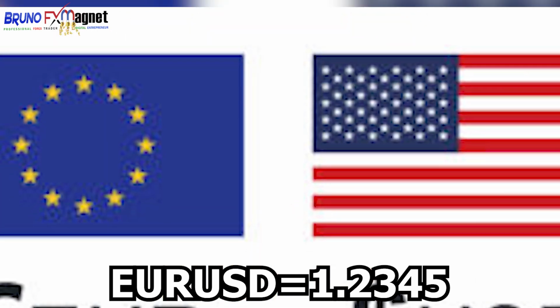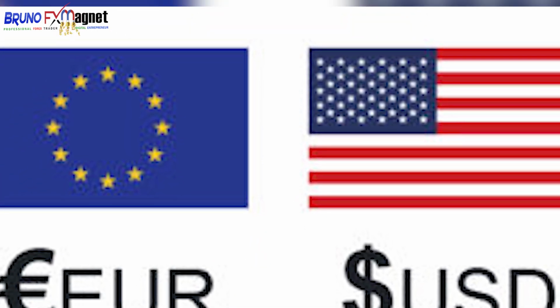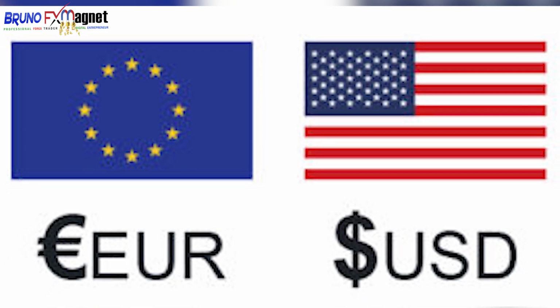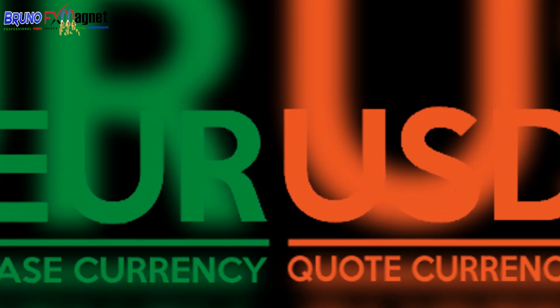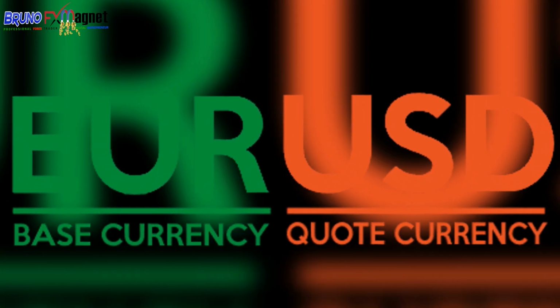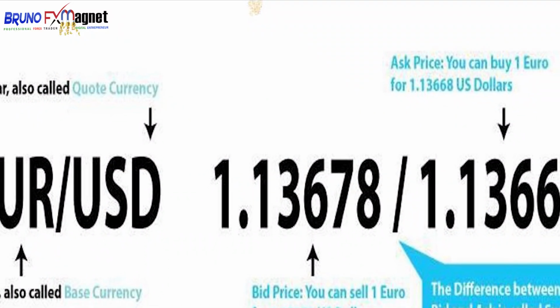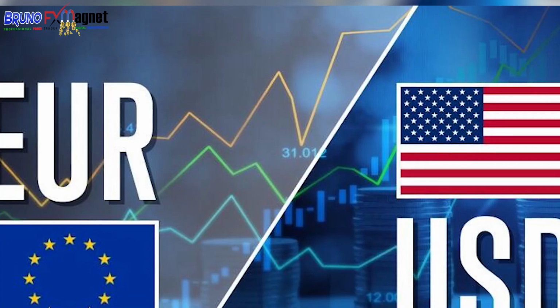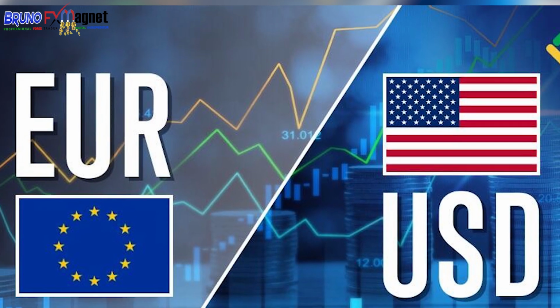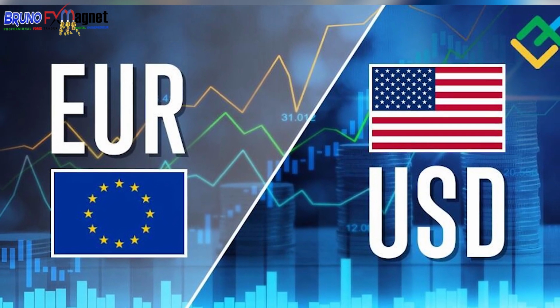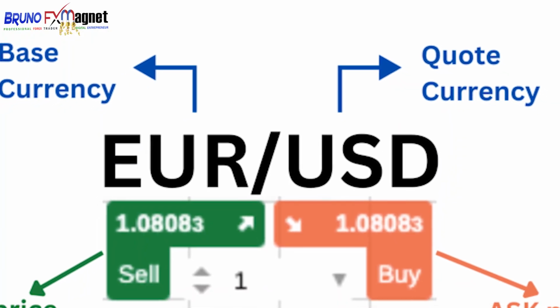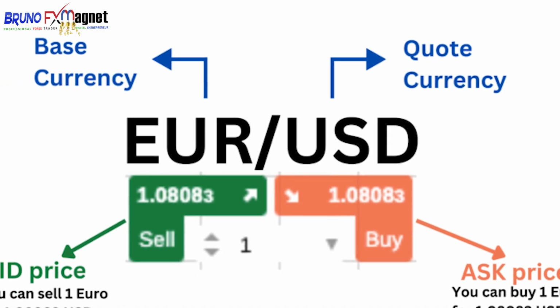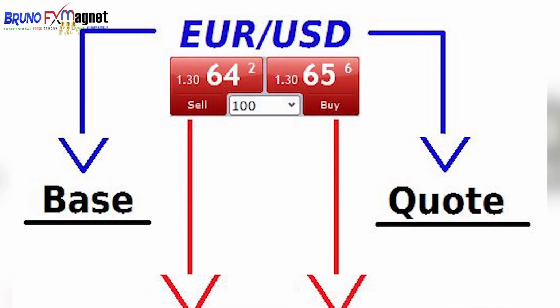I have mentioned that in forex trading, when you sell the base currency, you automatically buy the quote currency, and when you buy the base currency, you automatically sell the quote currency. In the example of Euro USD, if you sell euro as base currency, you automatically buy USD as a quote currency.